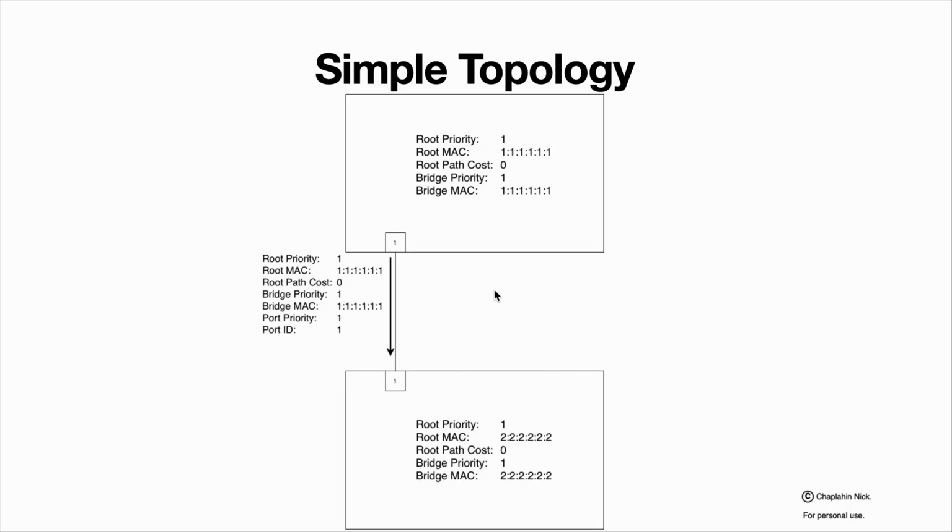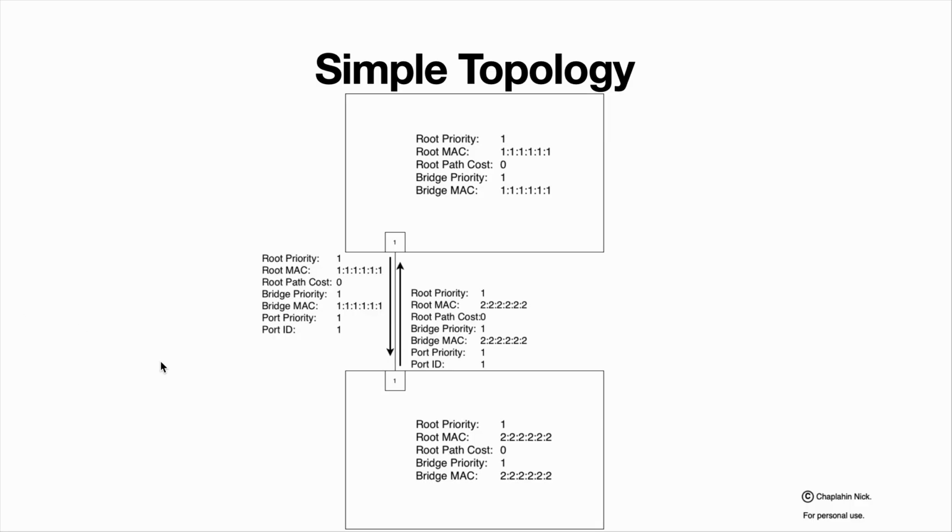Let's check. From the top switch is sent a BPDU with this information plus port information, port priority, port ID. Please take into consideration that for some vendors, port ID and port number can be not the same. In this case, you're supposed to have the ability to see port numbers and port IDs separately.